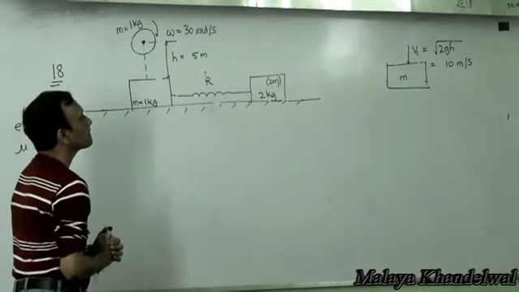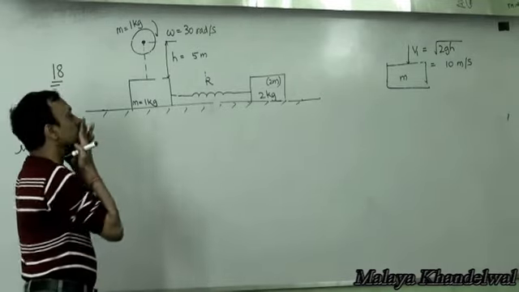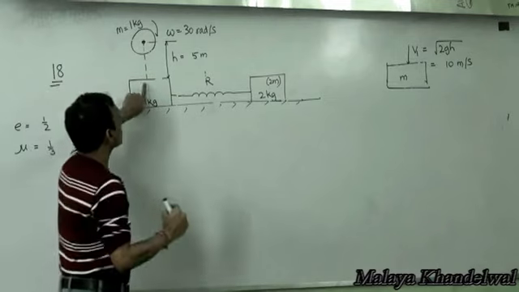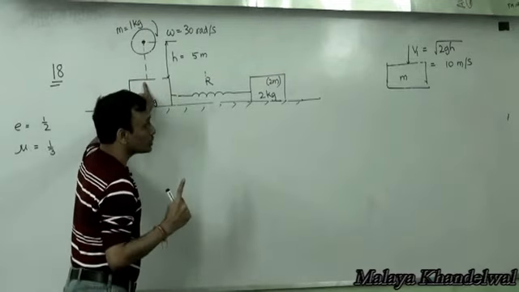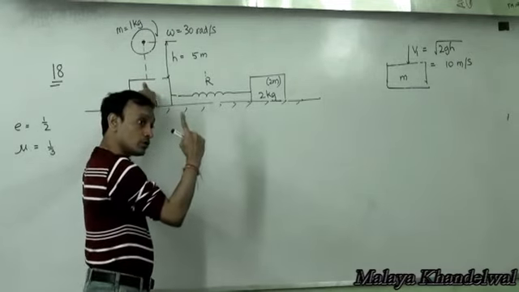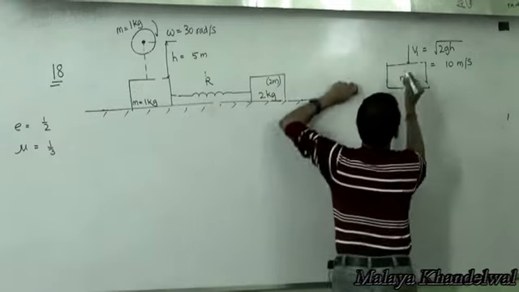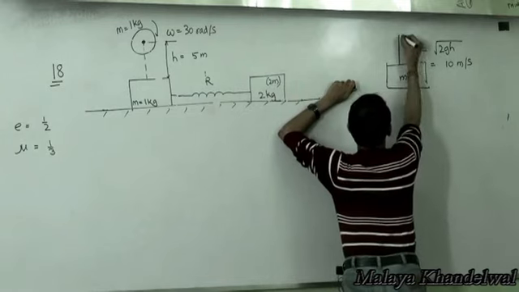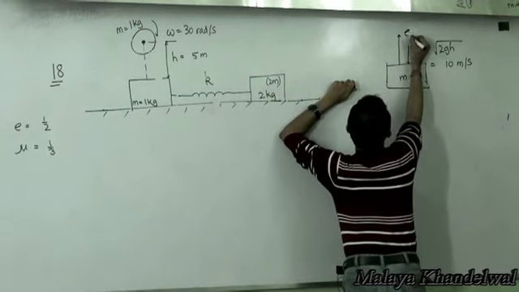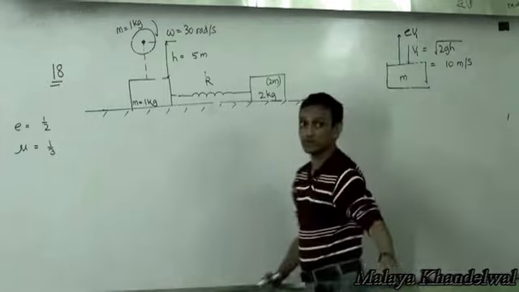Now, what happens because of this? The collision will cause a change in velocity in the common normal direction. So its velocity component in this direction just after the collision will become E times V1, yes or no?